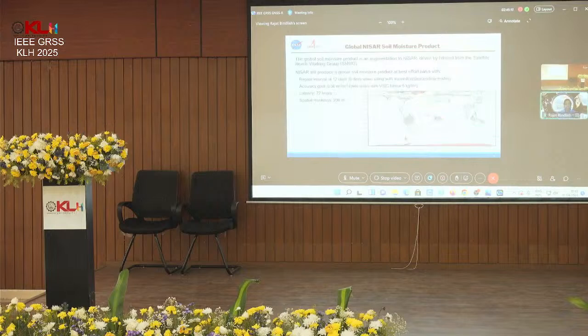So this shows you the map of exclusion zones. The pink areas are where we will not have retrievals. Essentially, these are water bodies or frozen areas. And this is the latency after the level 1 products.